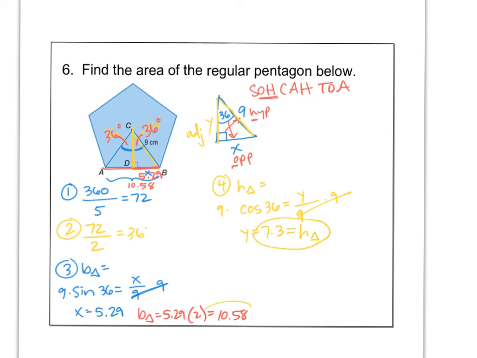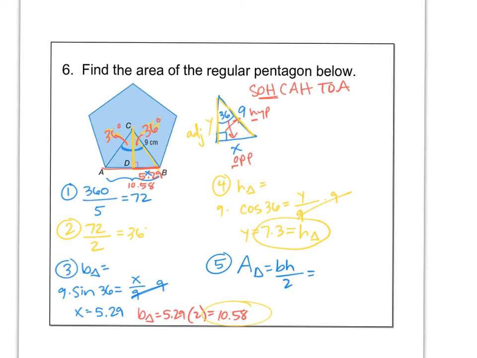So we have the base of our triangle. We have the height of our triangle. So step number 5 is you're going to find the area of your triangle, which is going to be base times height divided by 2.